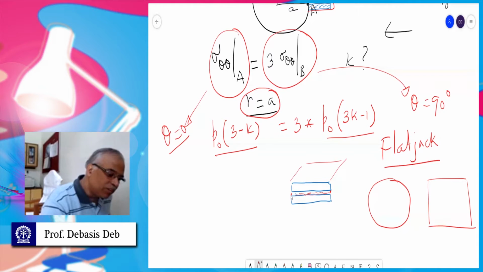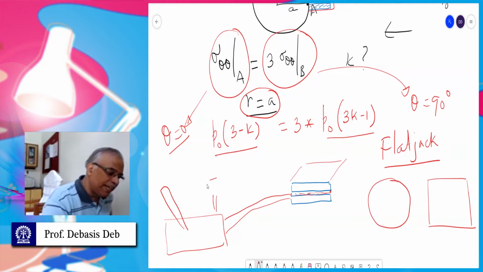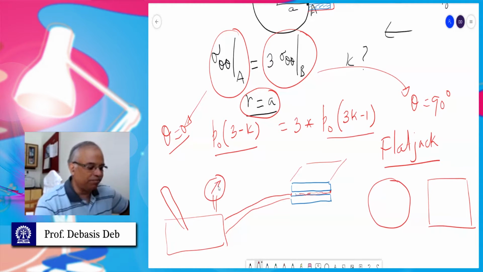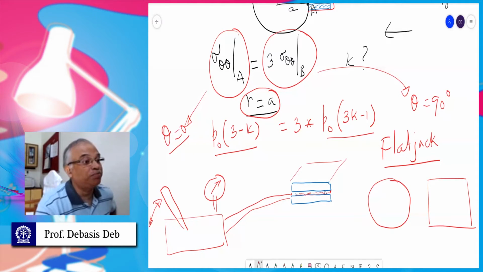Now the fluid line comes up and there is a pump. Let's say I have a manual pump and I have a gauge here to measure the pressure. Now if you operate it, the fluid will go inside and this will be pressurized.